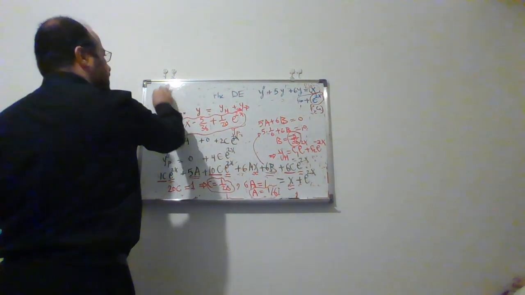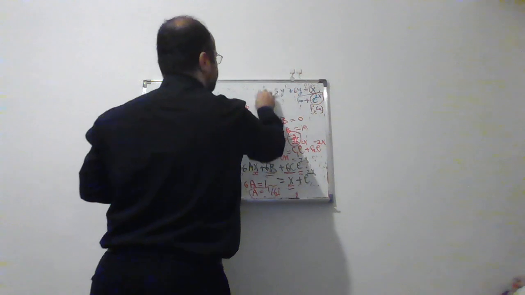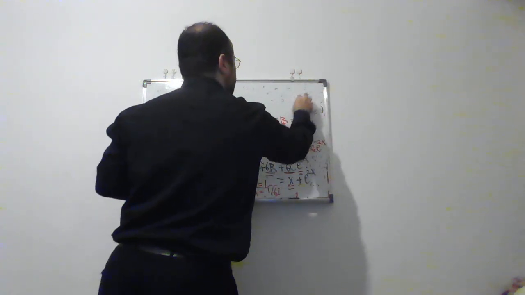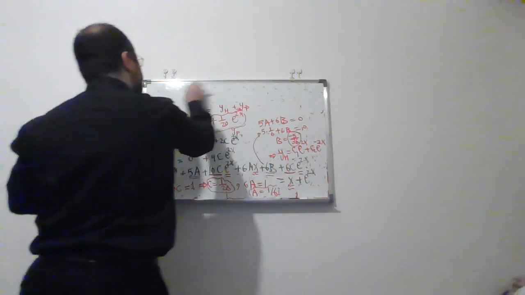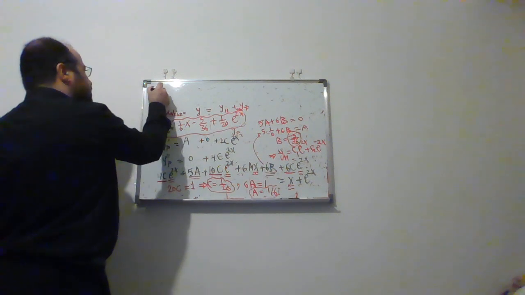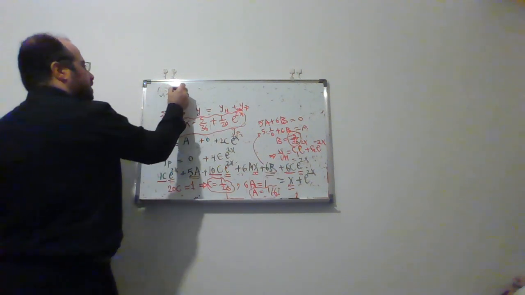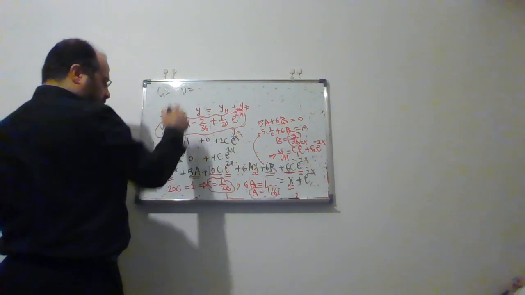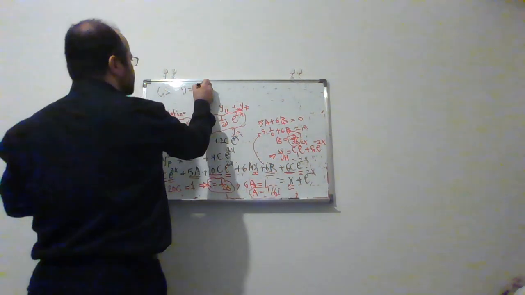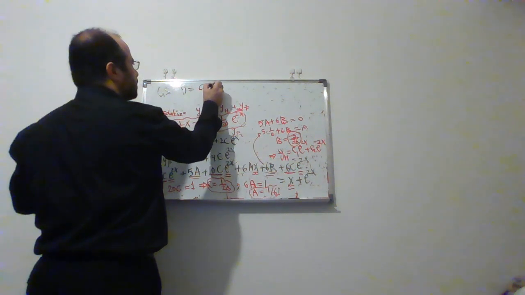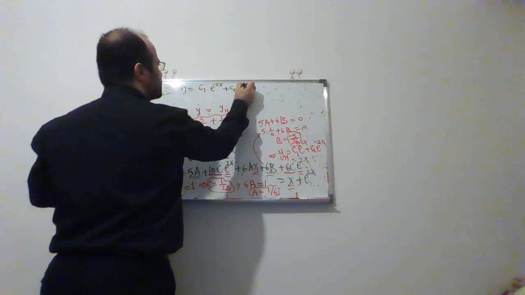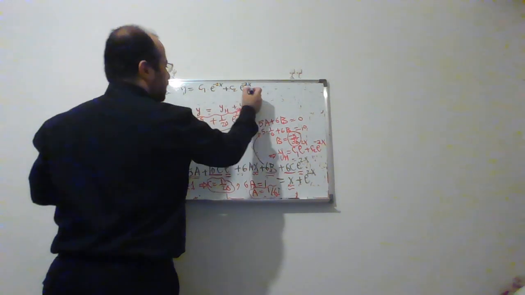So let me write the final solution here. So general solution will be y equal to, what was the homogeneous solution? I think the homogeneous solution was C1 e^-2x plus C2 e^-3x.